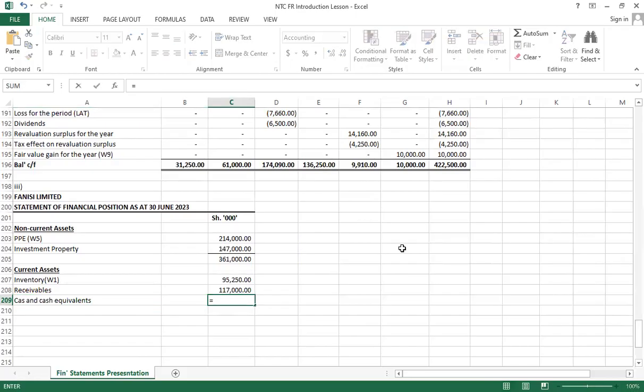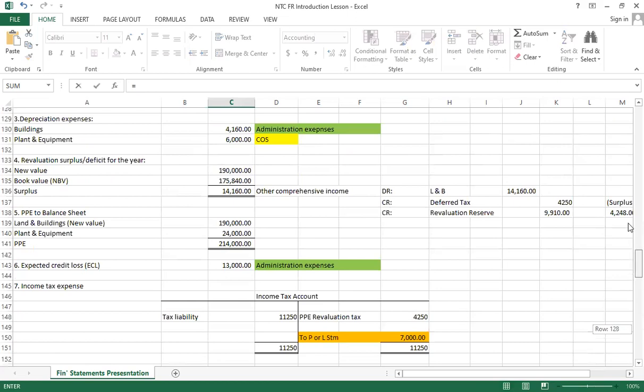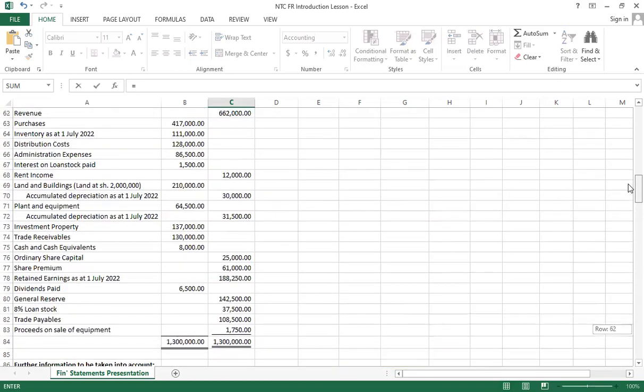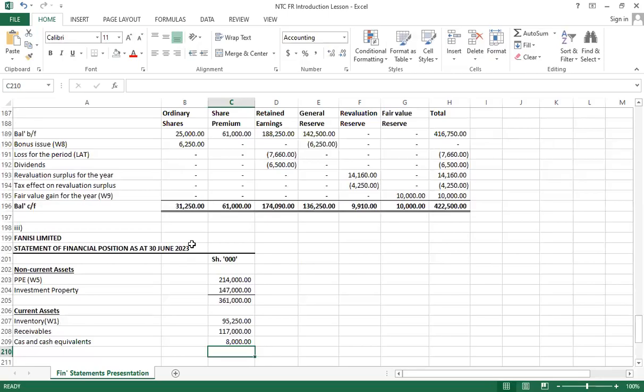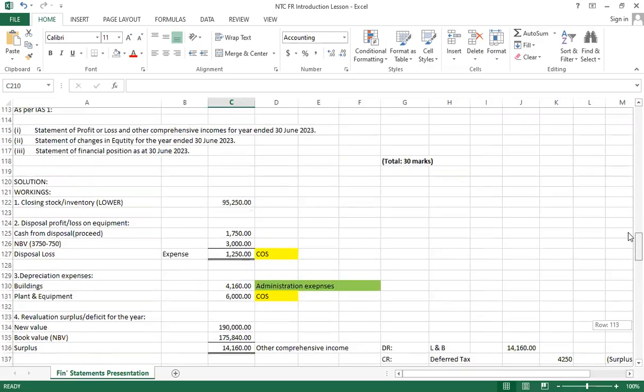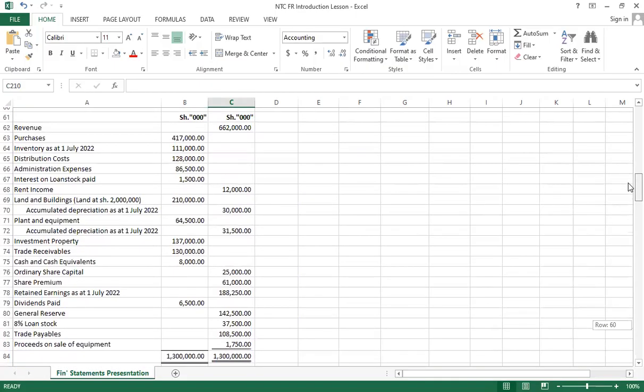And this one comes to about, I go back to the trial balance, how much is it? The cash and cash equivalents are totaling, in the trial balance, 8,000. So that is 8,000. I do not think that we had another one.